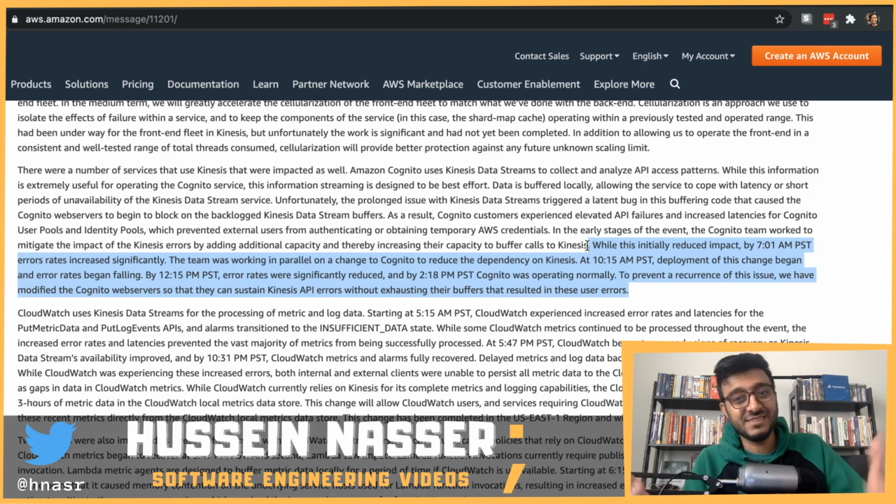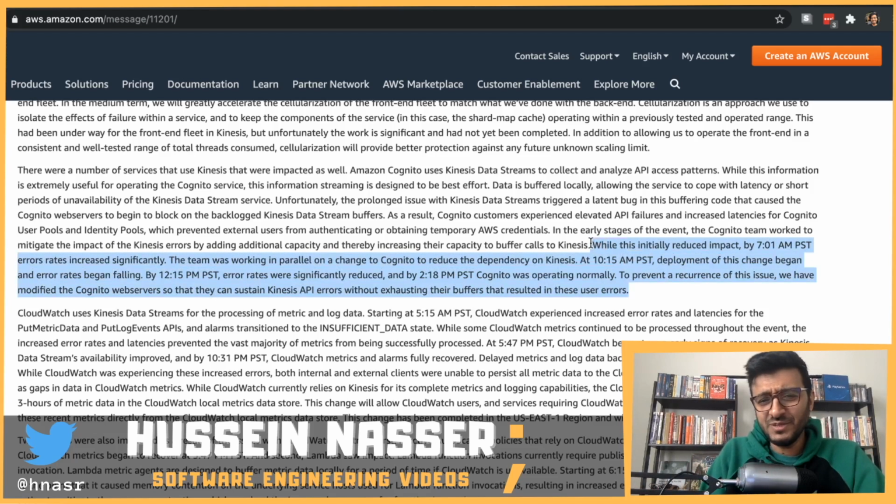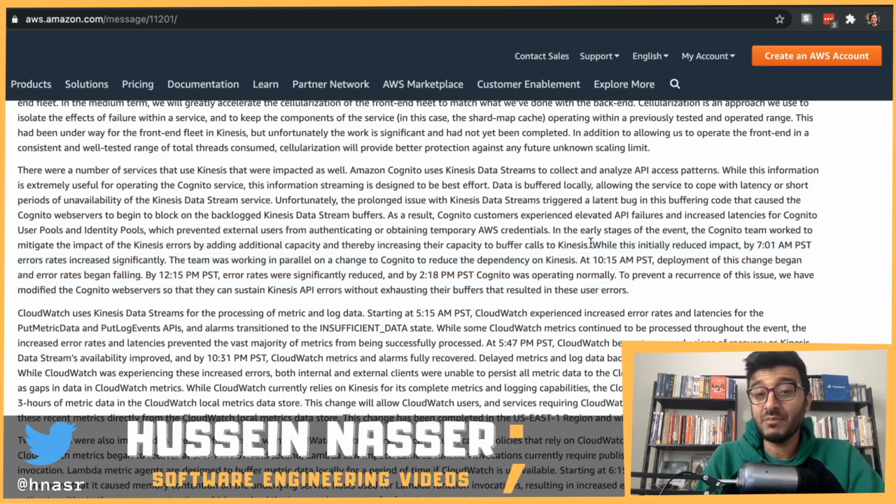It can't take more. These should be stored somewhere, but they fixed that very quickly, and I'm glad. While this reduced the impacts, by 7 a.m. PST error rates increased significantly. The team was working in parallel on a change to Cognito to reduce the dependency on Kinesis. There you go.